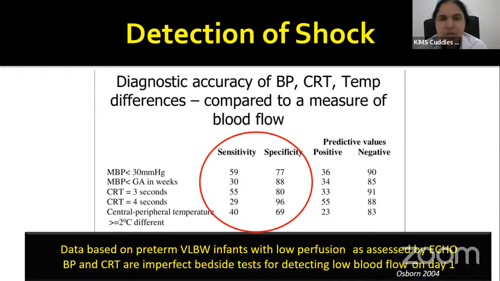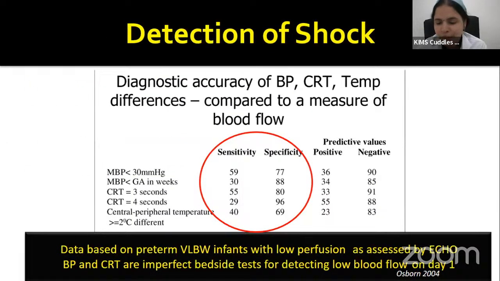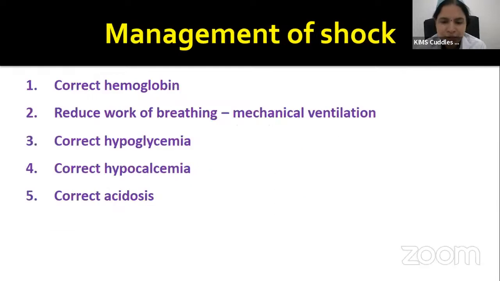All these cutoffs, or using CRT as a cutoff of more than 3 seconds or more than 4 seconds, or the difference between central and peripheral temperature, came with relatively low sensitivity and specificity. None of them were found to be extremely useful for the identification of shock individually. But when all of them were put together, they had a reasonably good sensitivity and diagnostic utility for picking up shock. So we've discussed the causes, pathophysiology, and the identification of shock.